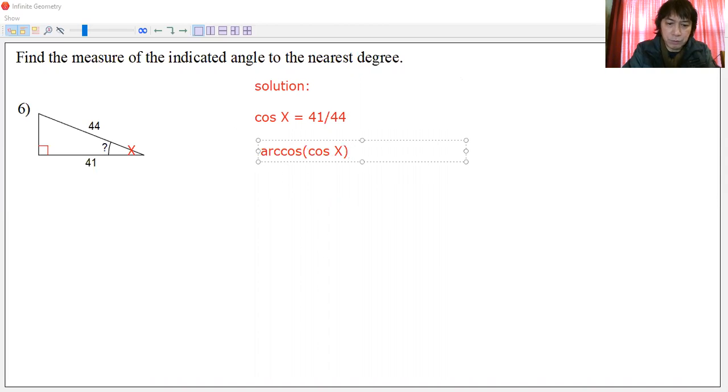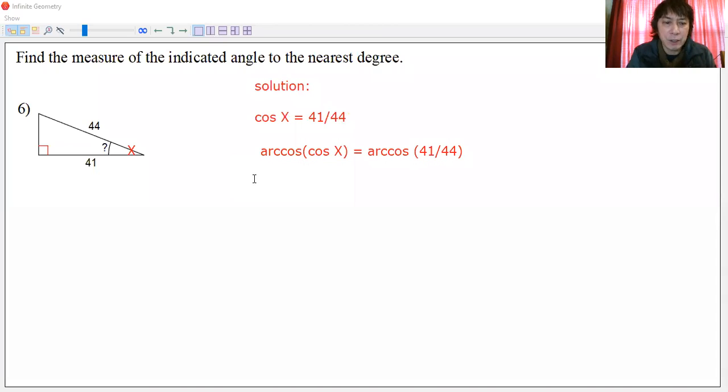Now taking the inverse cosine of both sides, this will be equal to inverse cosine of the ratio 41 over 44. And we elongate that X box.